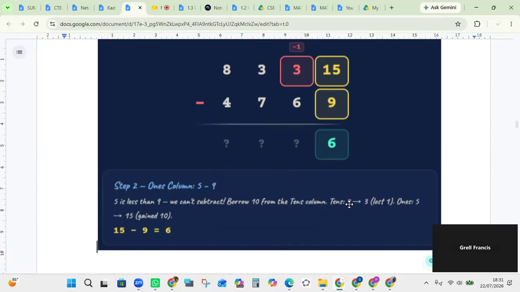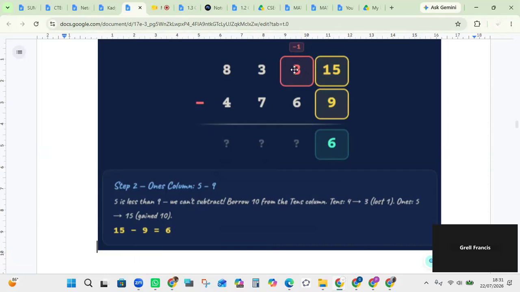So 4 went down to 3, lost 1. 5 to 15, gain 10. Right, so that 10 you took out from 40 was added to 5 to make it 15. That's what happened there. I understand. It's how it was written that was confusing, because usually if I borrow from the 4 column, I will cross out the 4 and put 3 on top.